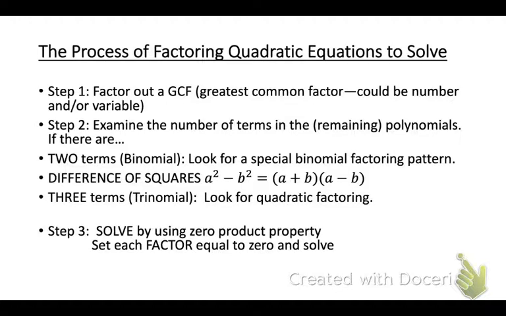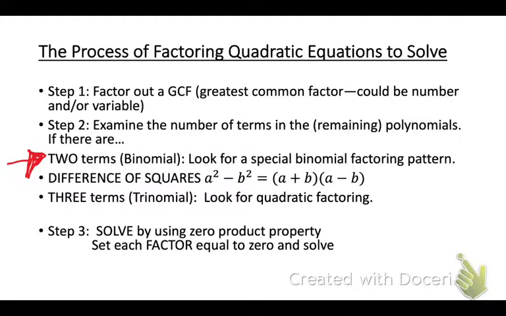If there are 2 terms, we're going to look for special products, the perfect square minus perfect square, which we call the difference of squares. The 3 terms we're going to learn about in future concepts, but the thing we're adding on now is we're going to use these factors to solve the equation using a thing called the zero product property. And that is where we set each factor equal to 0 and solve.